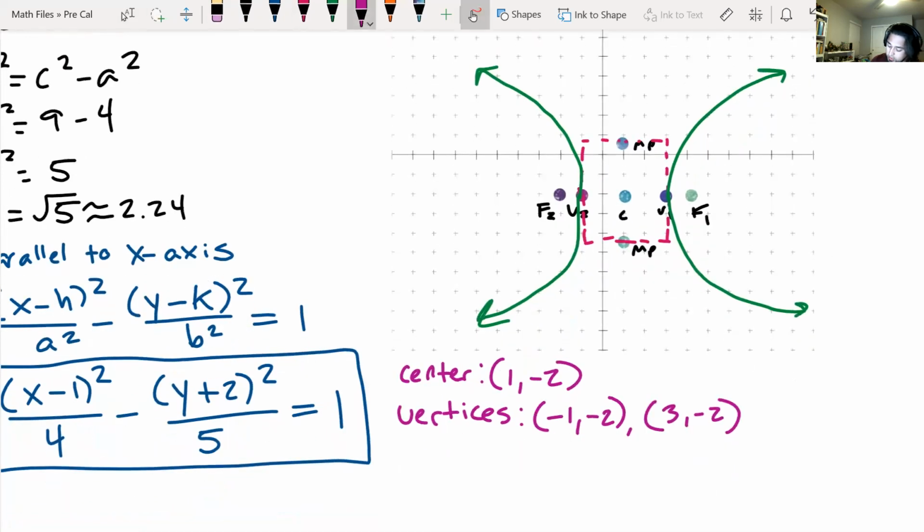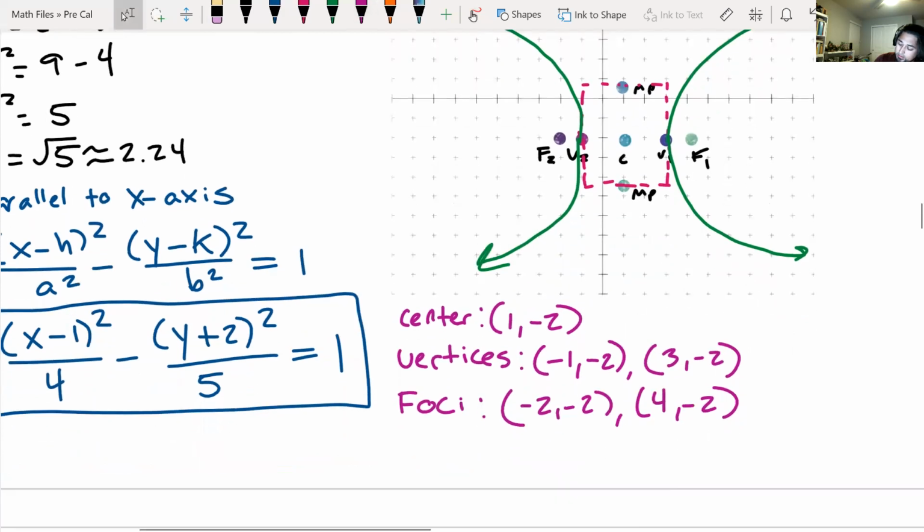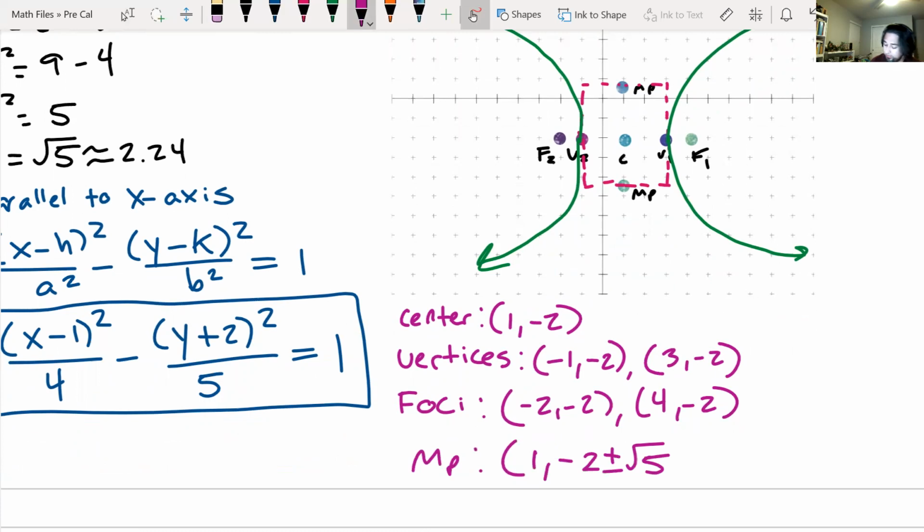And then my foci, which are nice, are at, 1, 2, 3, 4, starting with the left side, -4, -2, and then 2, -2. And then my minor points, since they're ugly, I can write as -1 and -2 plus or minus the square root of 5.